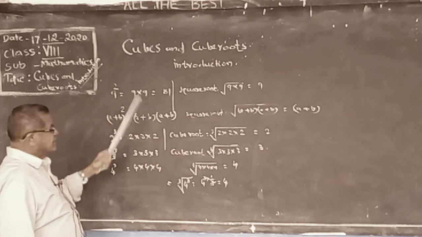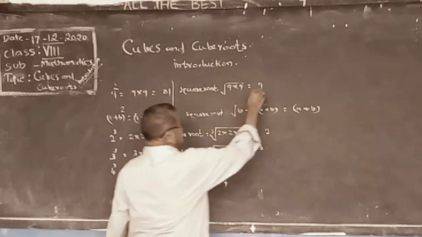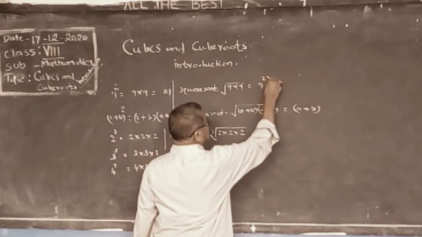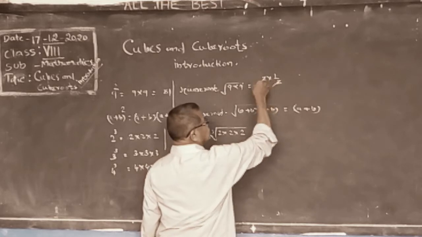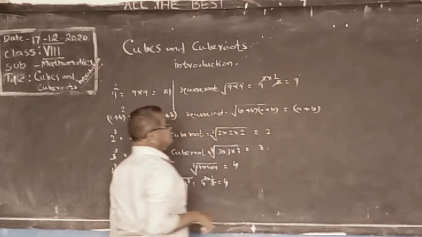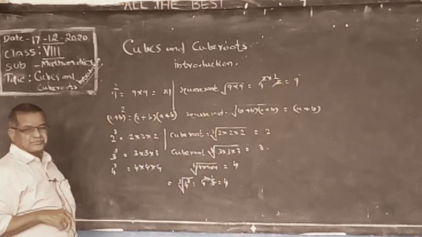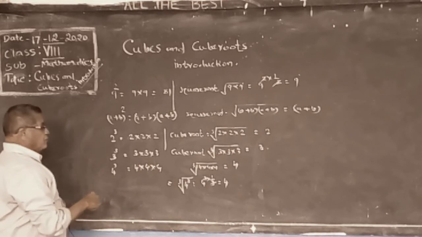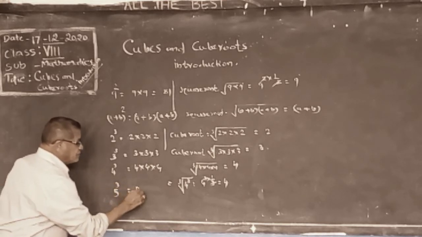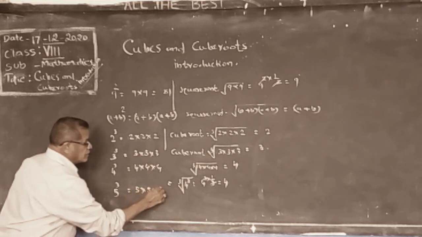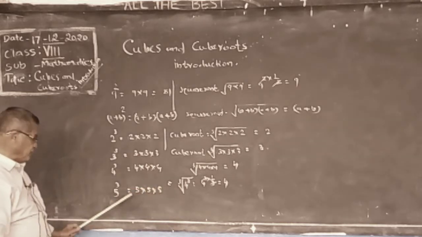This is 9 squared. 9 squared to the power half, since square root means power half. The 2s cancel, we get 9. Right. 5 cube means 5 into 5 into 5, there are 3 factors.